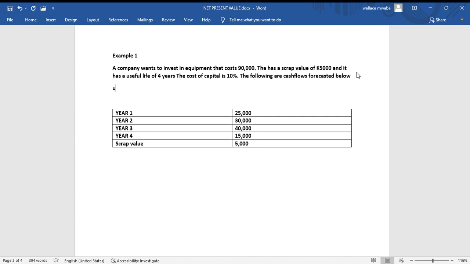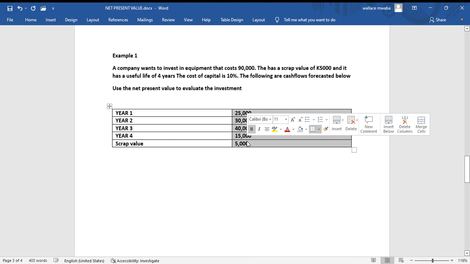With the net present value, we're going to discount all these future cash flows and make them into present values, so that we can see if we're going to receive more money than we put in, or less money than we put in.